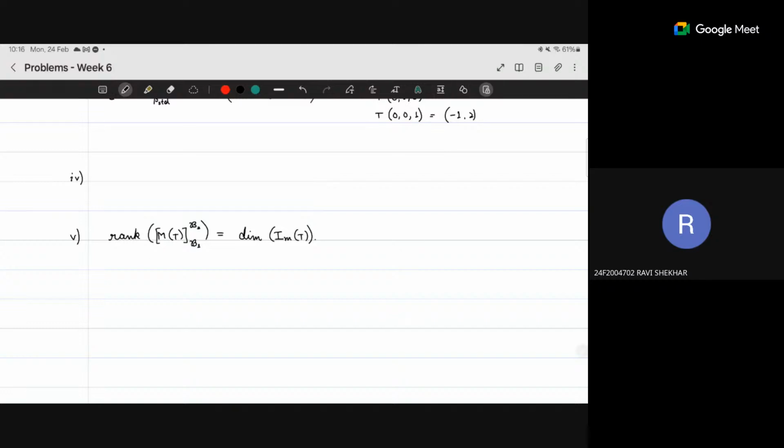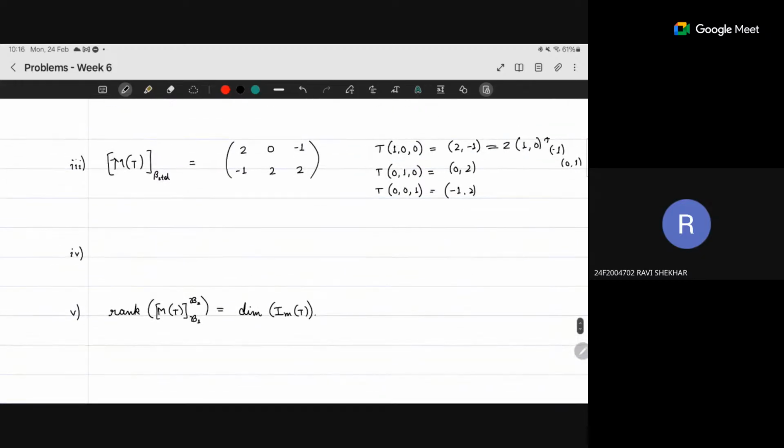So this quantity is actually independent of choice of basis. It does not matter what basis you choose to write the matrix using, the rank will be the same. The matrices themselves might be different, but the rank will be the same.